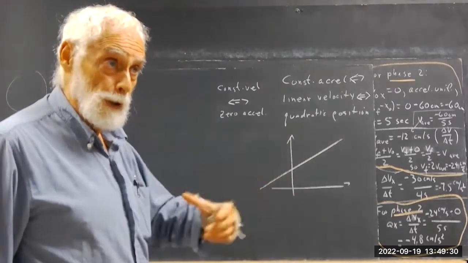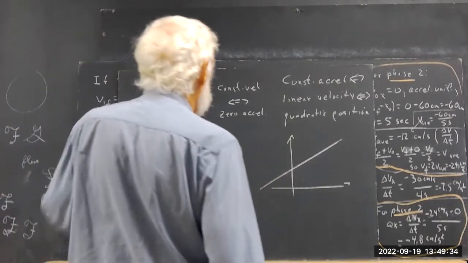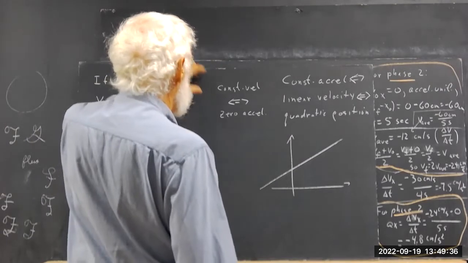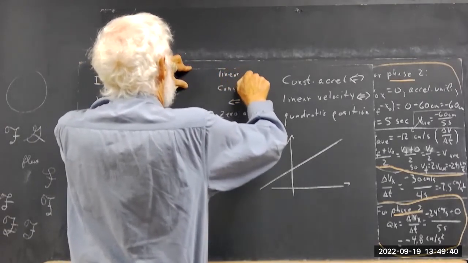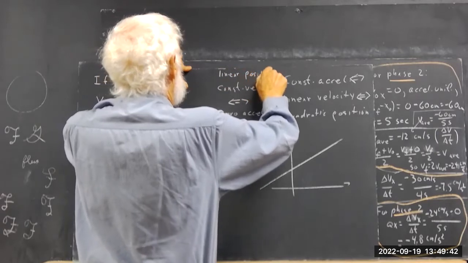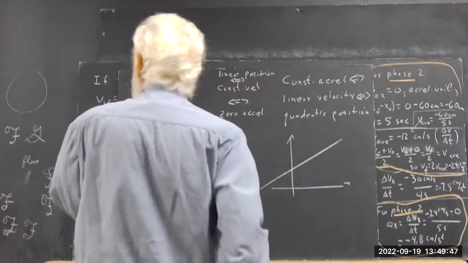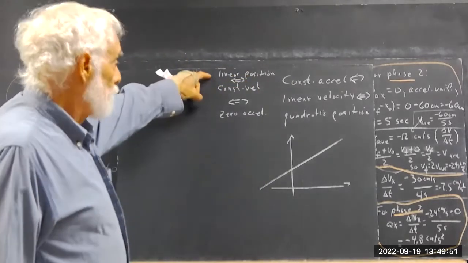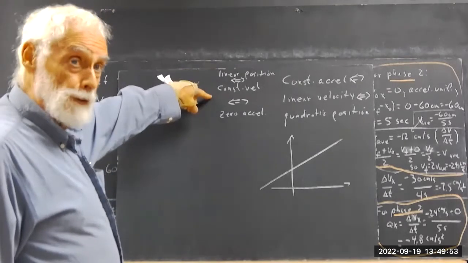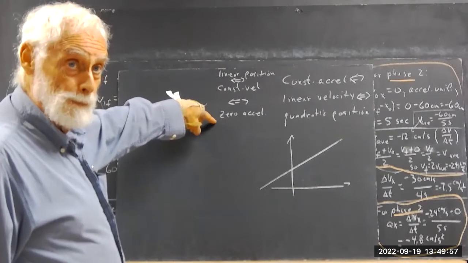So make sure you understand why those two statements are equivalent. And now constant velocity means linear position. So if your position is linear, the velocity is constant. Acceleration is zero.